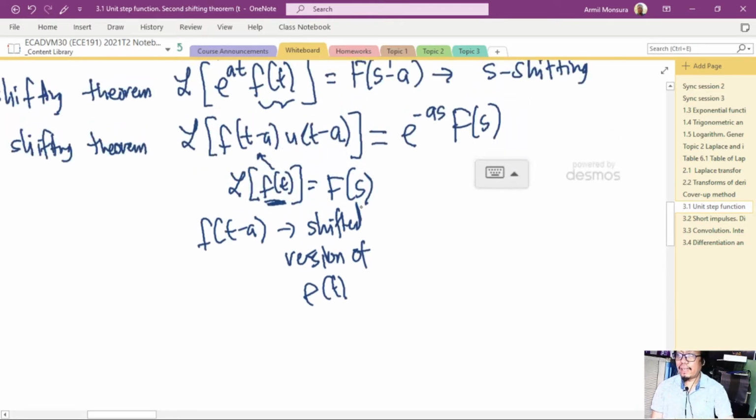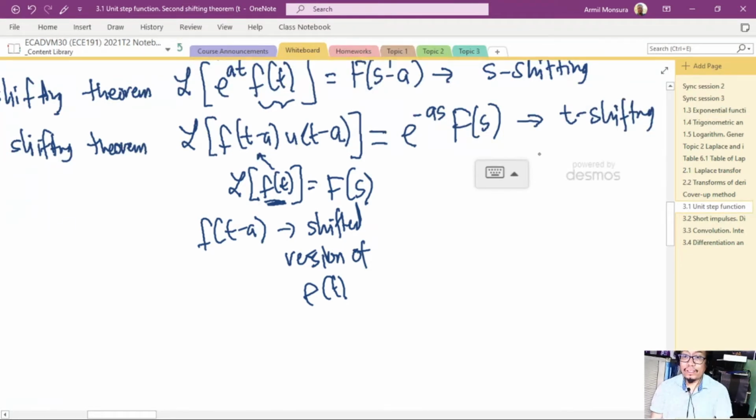And in what domain did the shifting happen? The shifting happened in the t domain, or the time domain. That's why this is called t shifting. This theorem is also referred to as t shifting because the shifting happened in the t domain.